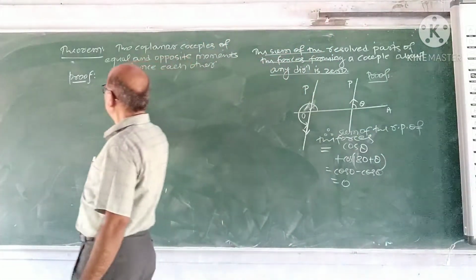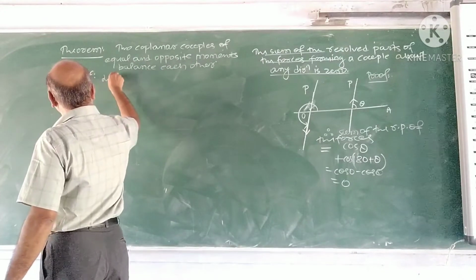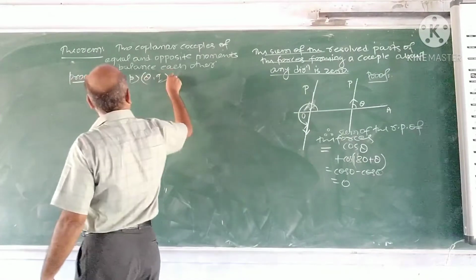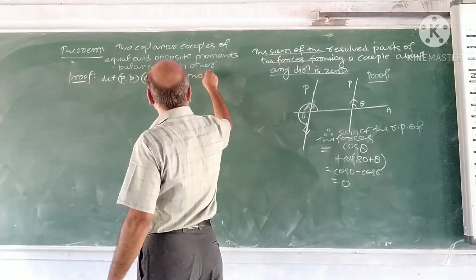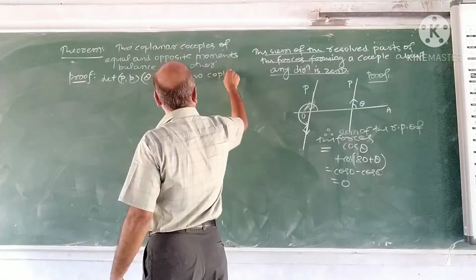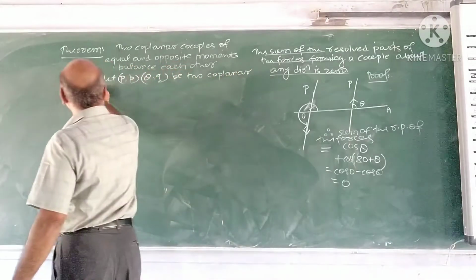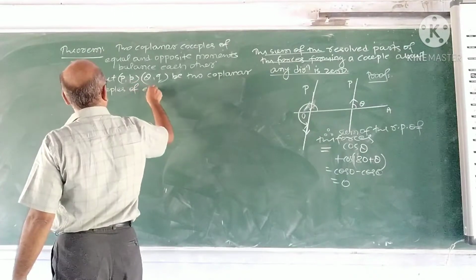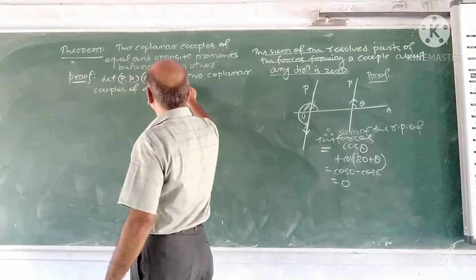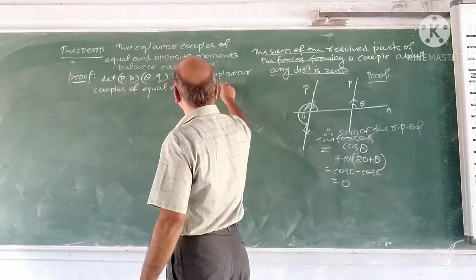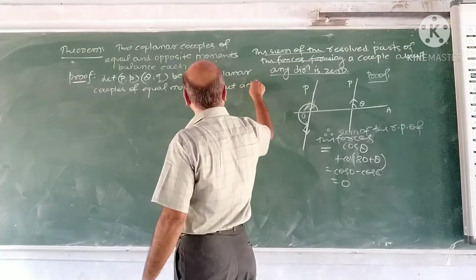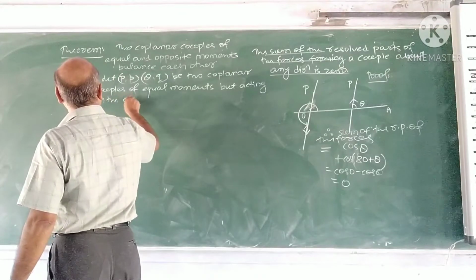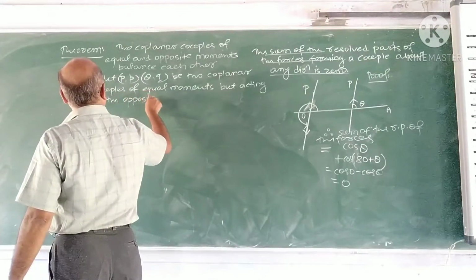Proof: two cases are there. Let PP and QQ be two coplanar couples of equal moments but acting in the opposite sense.